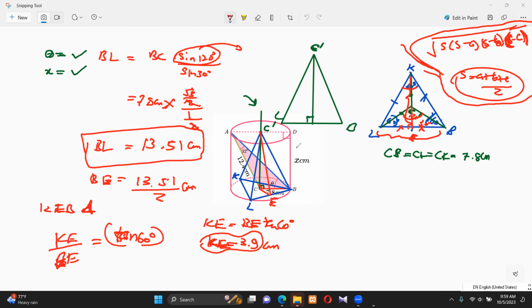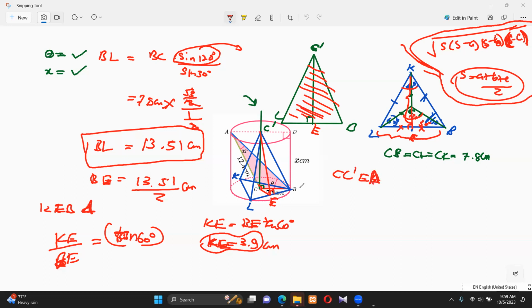So they can do the same with the proposed method, but I think the most convenient way to find C prime E, the perpendicular height for this terminal triangle, is to consider the C prime E right triangle.